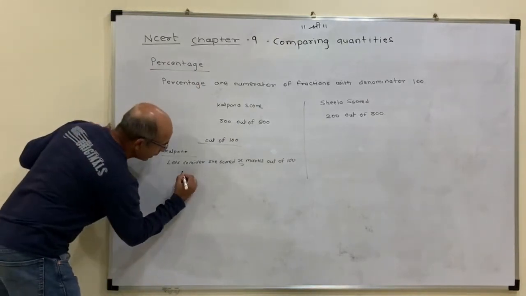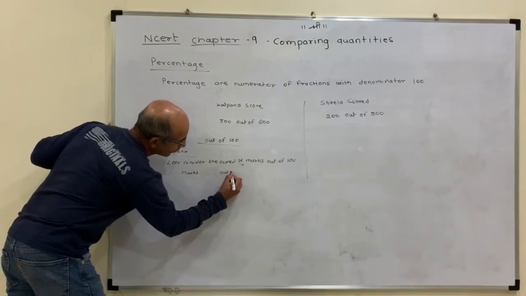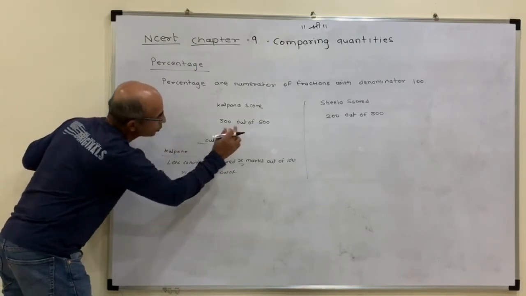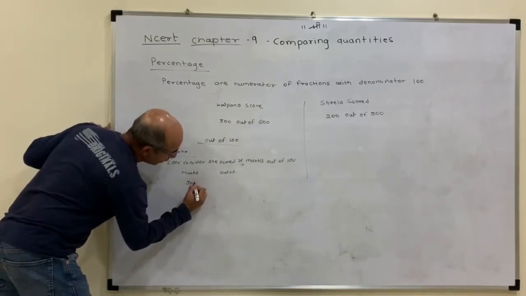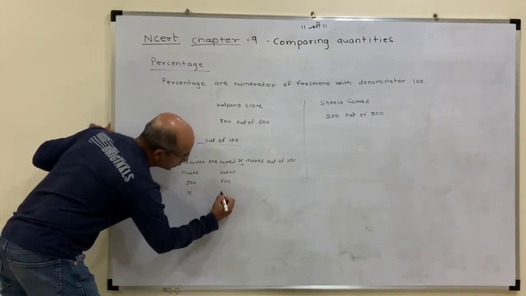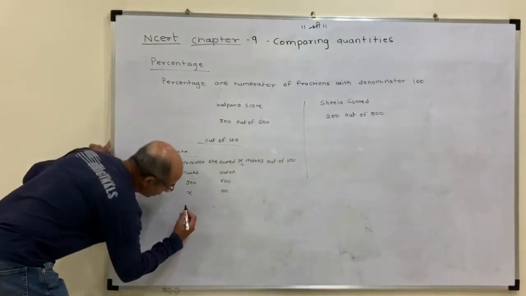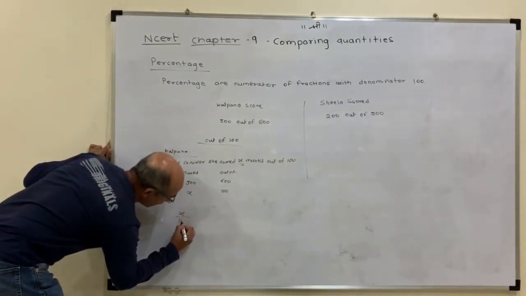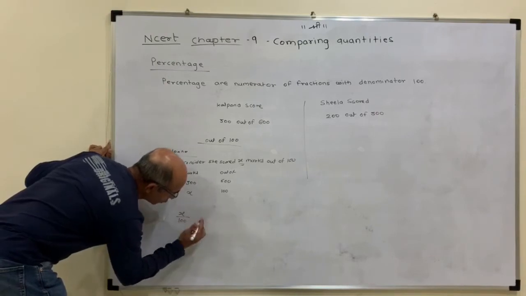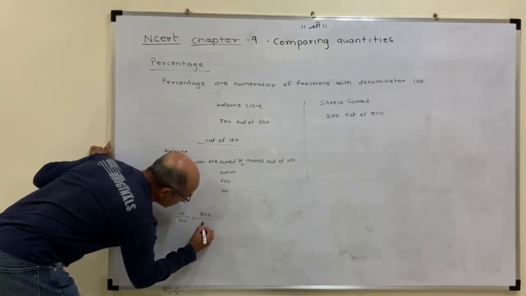So here marks, and here out of. How much she scored? 300 out of 600, and X out of 100. So by the same proportion, X divided by 100 equals 300 divided by 600.